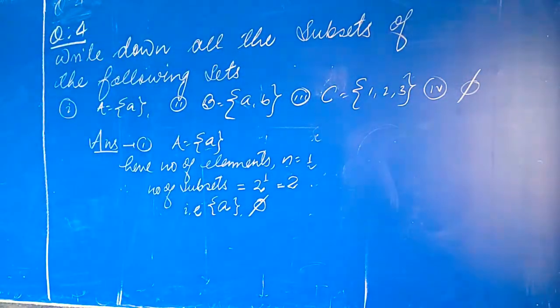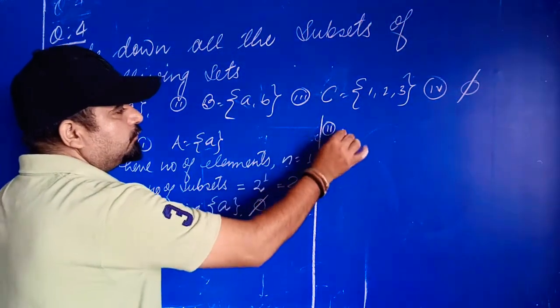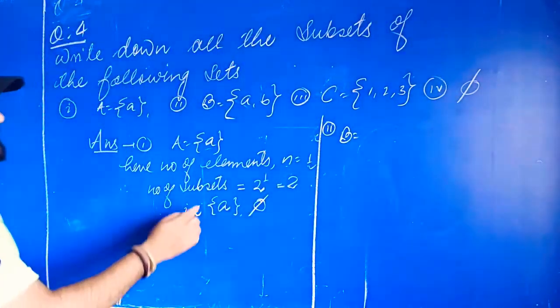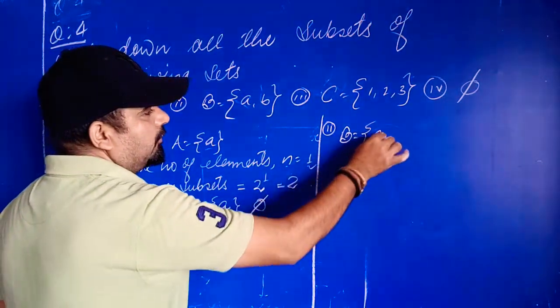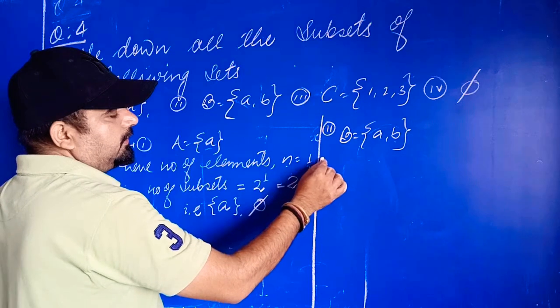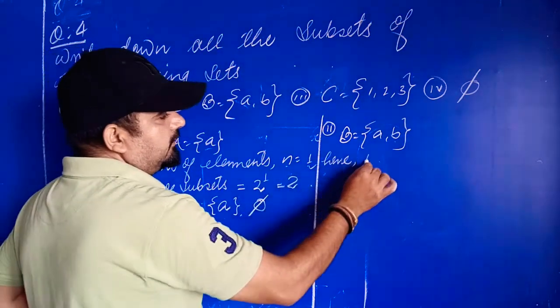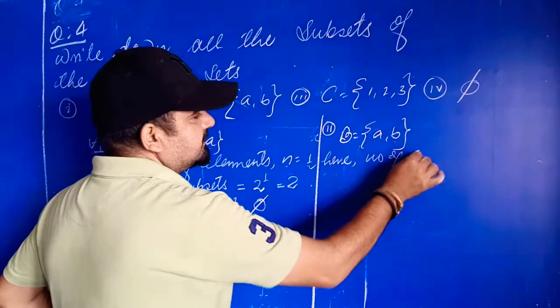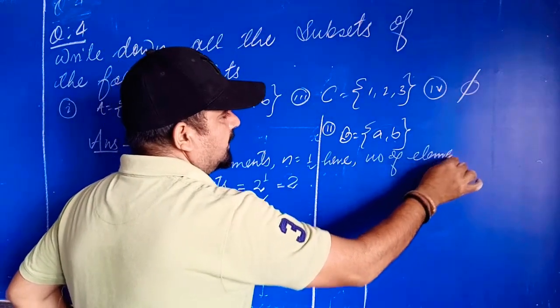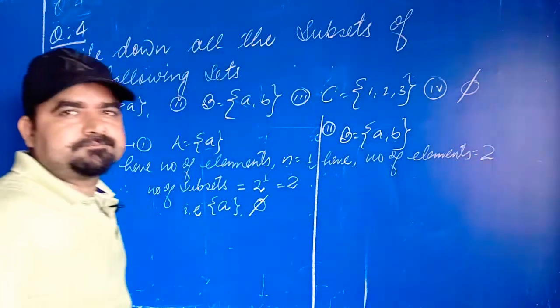Now Roman number 2. Roman number 2, set B is equal to A comma B. Alright. Here, number of elements is equal to 2.